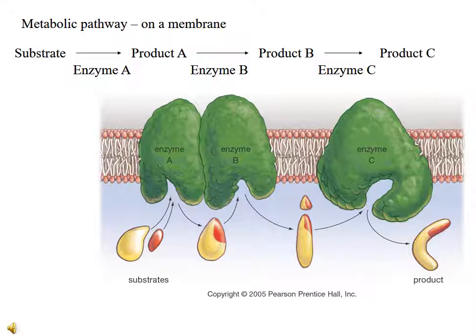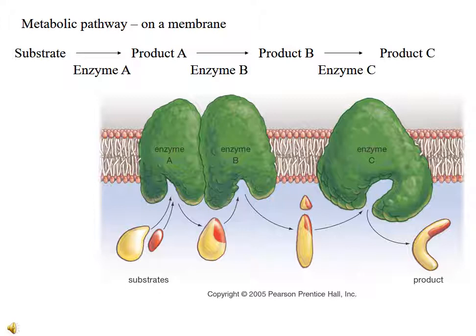Let's look at a metabolic pathway that occurs on a membrane. Let's look at the overall reaction. A substrate, which is what you start with, is converted to product A, which is then converted to product B, and then finally eventually converted to product C in a linear metabolic pathway.